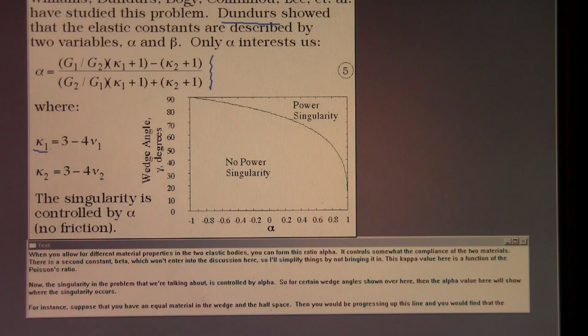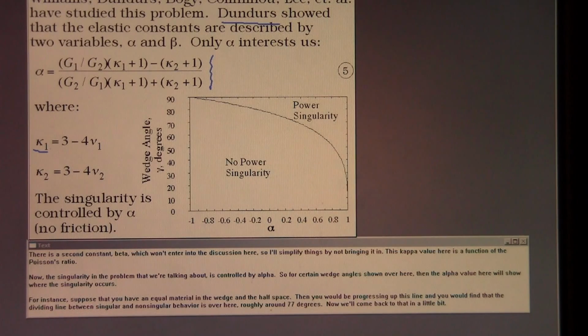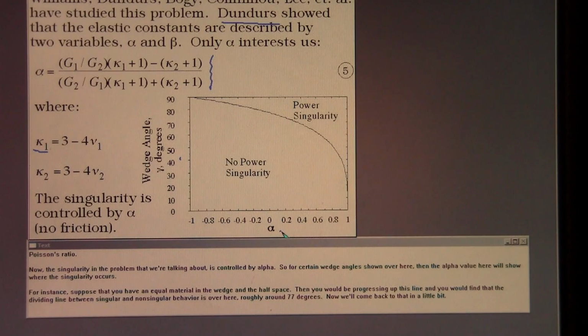Now, the singularity in the problem that we're talking about is controlled by alpha. So for certain wedge angles shown over here, the alpha value will show where the singularity occurs. For instance, suppose that you have an equal material in the wedge and the half space.